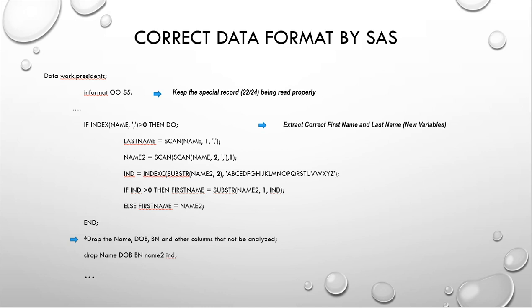Also, I wrote the SAS program that can extract the first name and last name correctly, and then to prepare the data analysis, I need to withdraw the intermediate name variable like name2. There's no use for birth name and the old date of birth again, so just drop them for future clearance and straightforwardness of the data analysis.